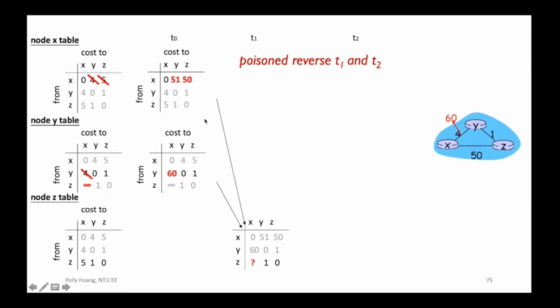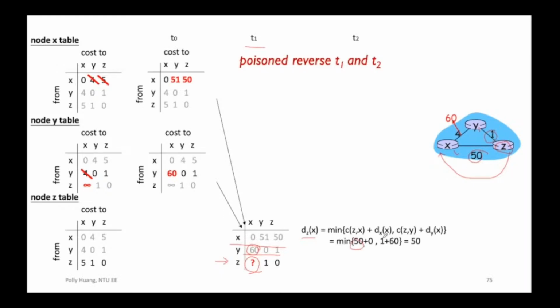And then at the next point in time, T1, z is going to receive the distance vector from x and y, and this time dyx is 60. That's going to change the result of dzx. So let's see, dzx: from z to x through two neighbors, link cost being 50 and 1.